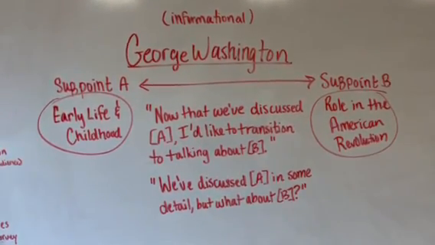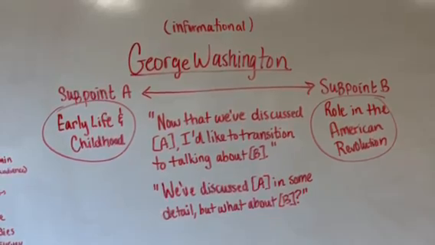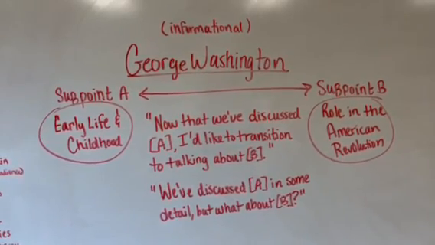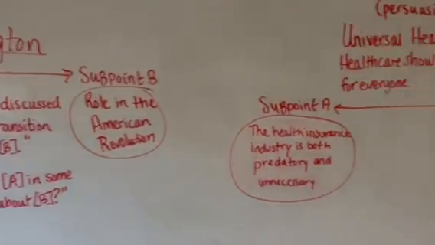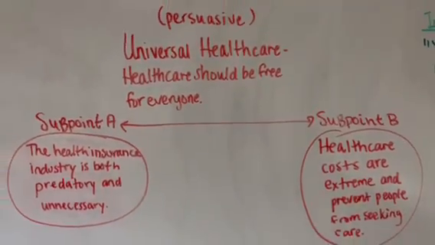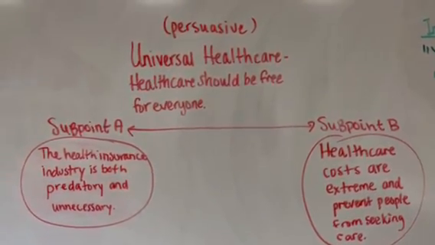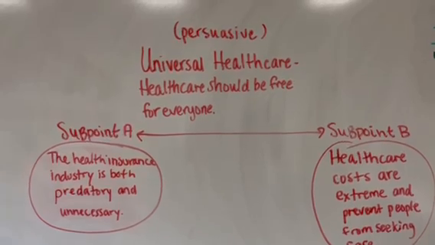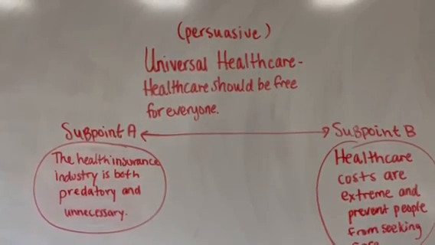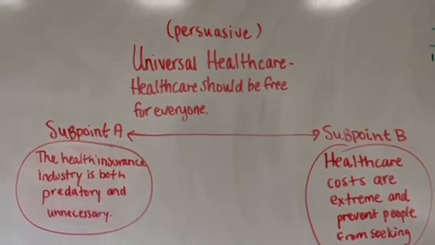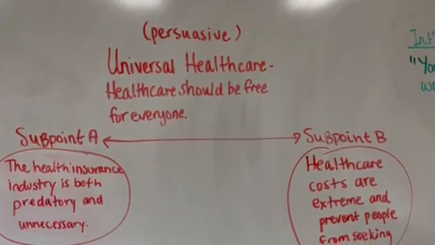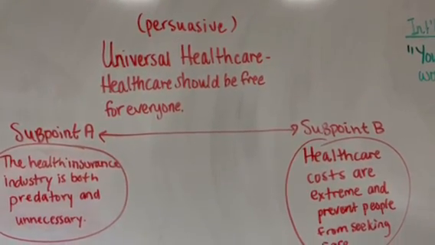All right, so that was an informational speech transition, but what if you are giving a persuasive argument? So let's give a persuasive argument. In this case, let's pretend that my topic is universal healthcare in America, and that my persuasive goal is to convince everyone that healthcare should be free.